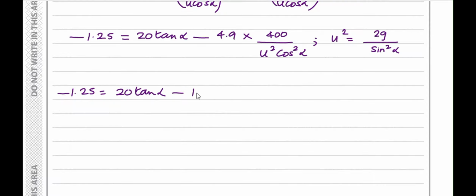we get 1960 times 1 over u square can be written as 2g over sin square alpha times this cos square alpha is there.